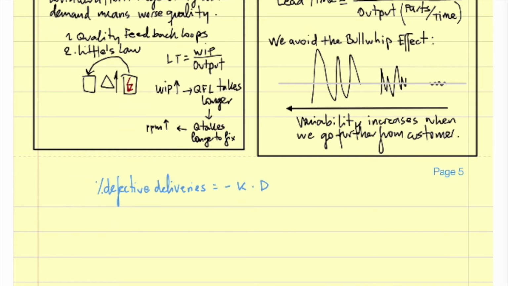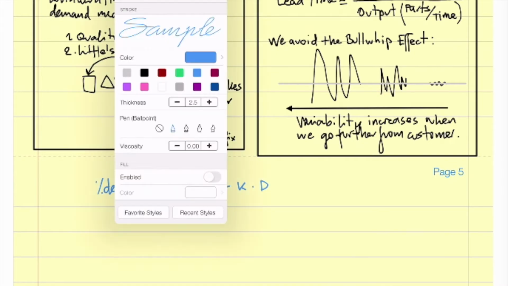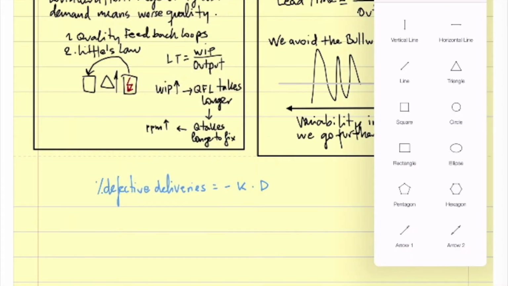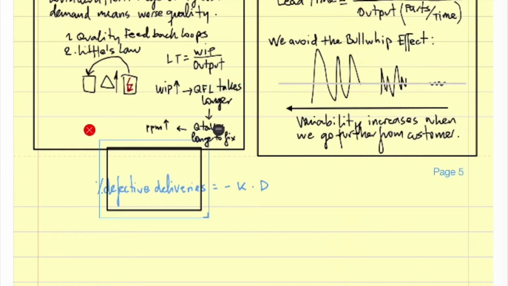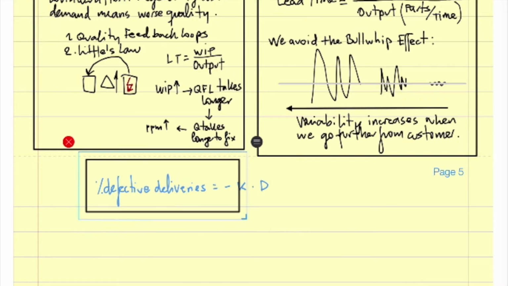Okay? So it goes down, but it goes down linearly, and it doesn't go down like before in a curve. Exponentially, it goes down linearly.